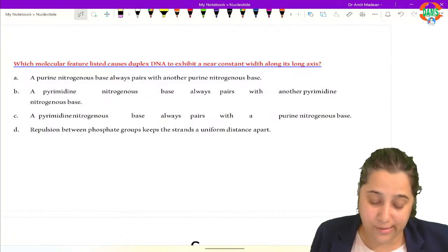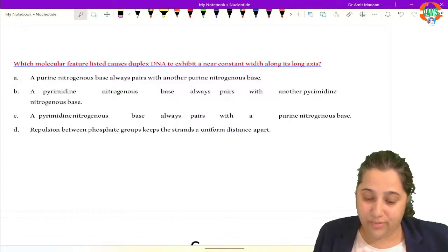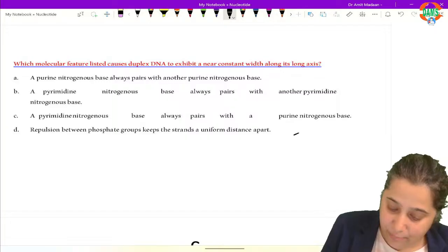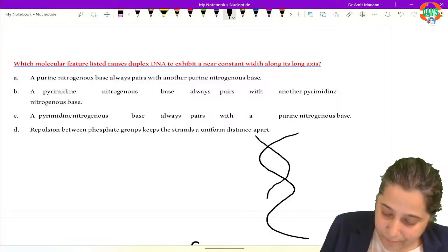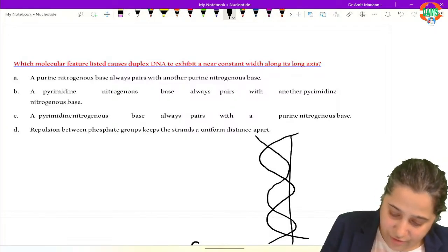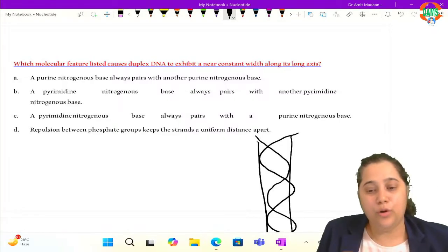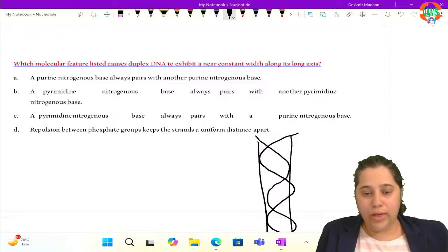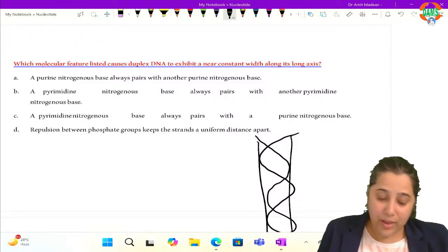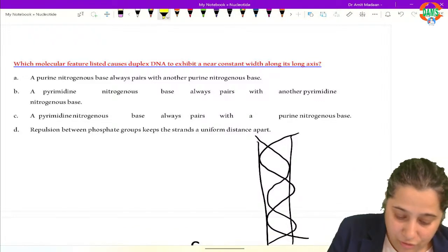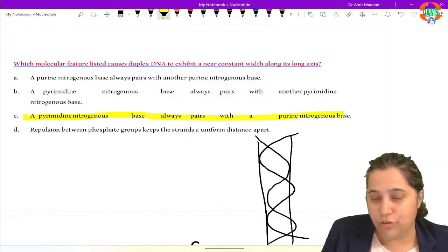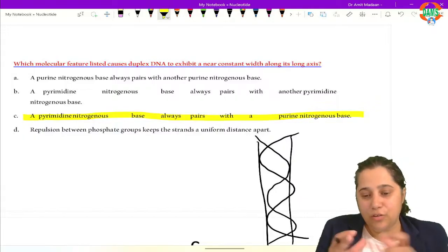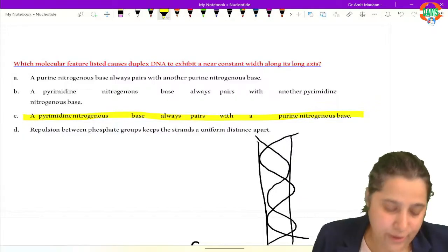Which molecular feature listed causes duplex DNA to exhibit a near constant width? The DNA is a double helix structure, but it has a constant width of around 2 nanometer or 20 angstrom. This is because the pyrimidine nitrogenous base always pairs with the purine nitrogenous base.